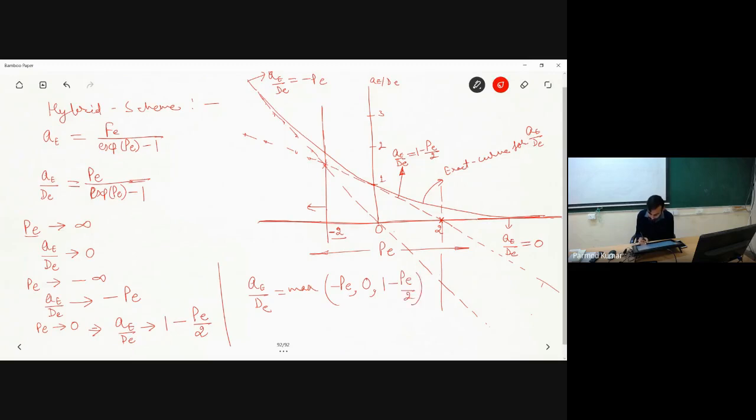So if I have to employ a hybrid scheme, that will give me the approximation for coefficient AE by DE as the maximum of minus Peclet number, or 0, or 1 minus Peclet number divided by 2. So out of these three, whatever is the maximum will be considered as your coefficient for the purpose of computations. Okay.